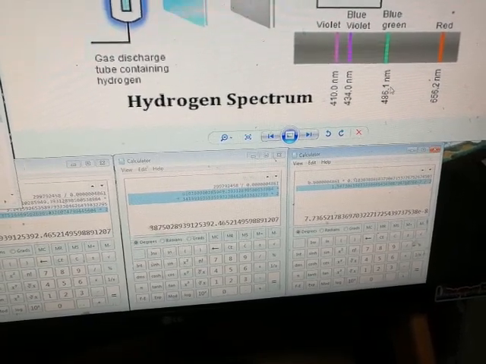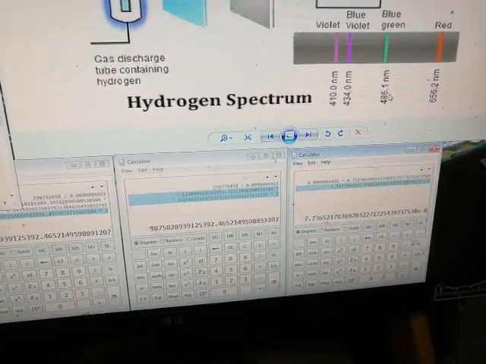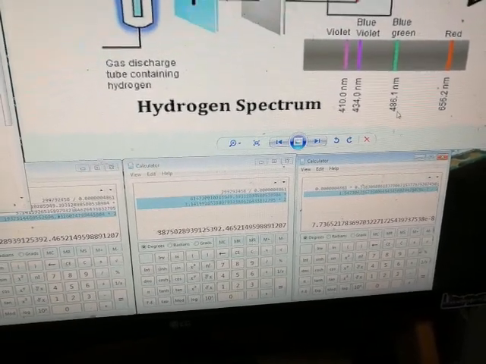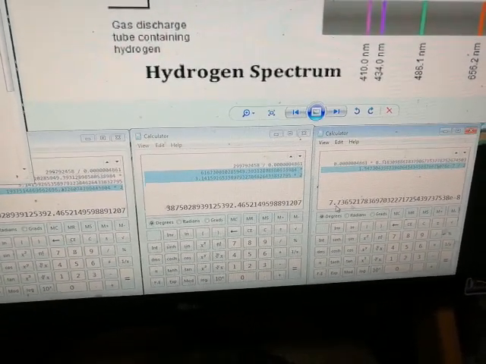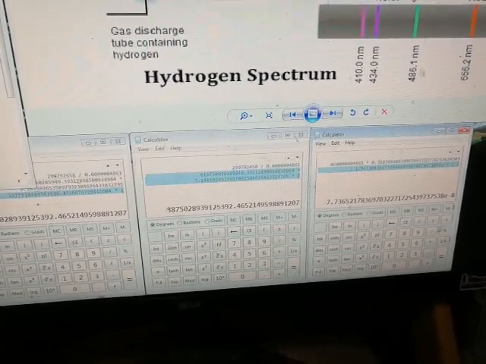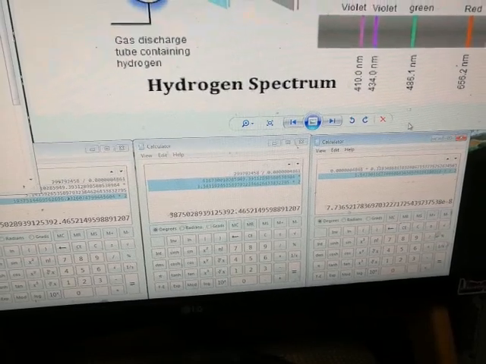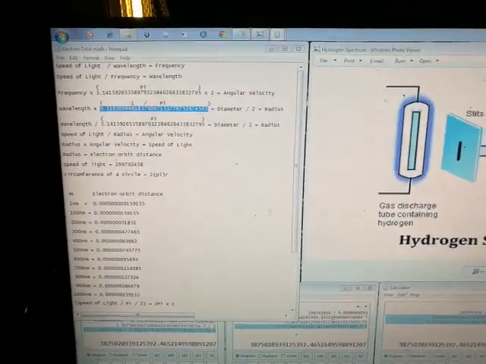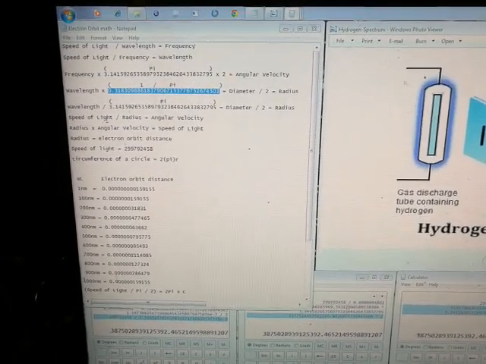So this is a wavelength. I stated in the other video that this was an orbital distance, and that was not correct. You can get the orbital distance by finding the radius by doubling the wavelength as a circumference. So now, to get the angular velocity, we take the speed of light divided by radius.